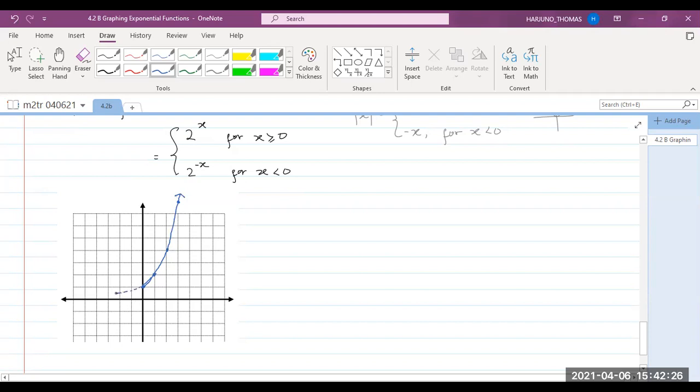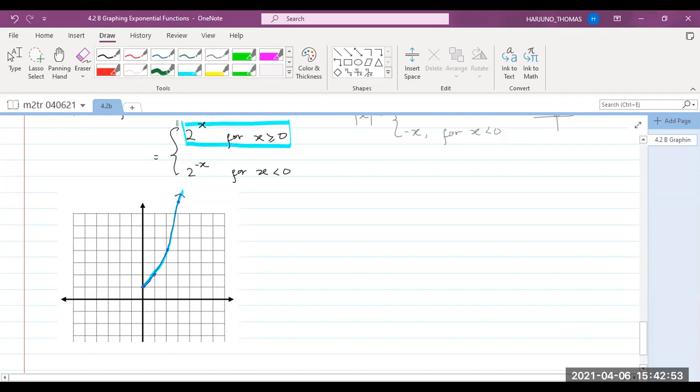This is 2 to the x, right? That's what 2 to the x looks like. Now I only graph the positive branch.